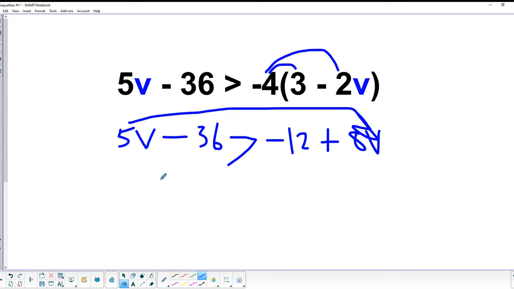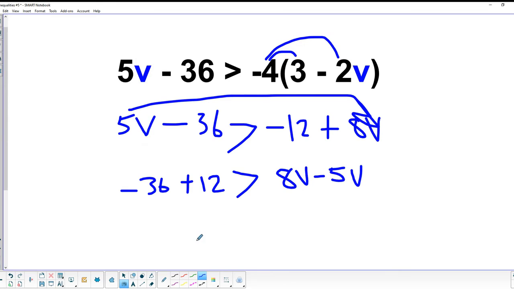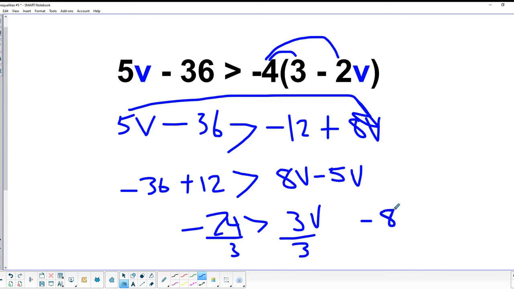And then I'll move all the numbers to the left side. So on the left side, we'll have negative 36 plus 12. And on the right side, we will have 8v minus 5v. And lo and behold, that is negative 24 is greater than 3v. So when I divide both sides by 3, I end up with negative 8 is greater than v.